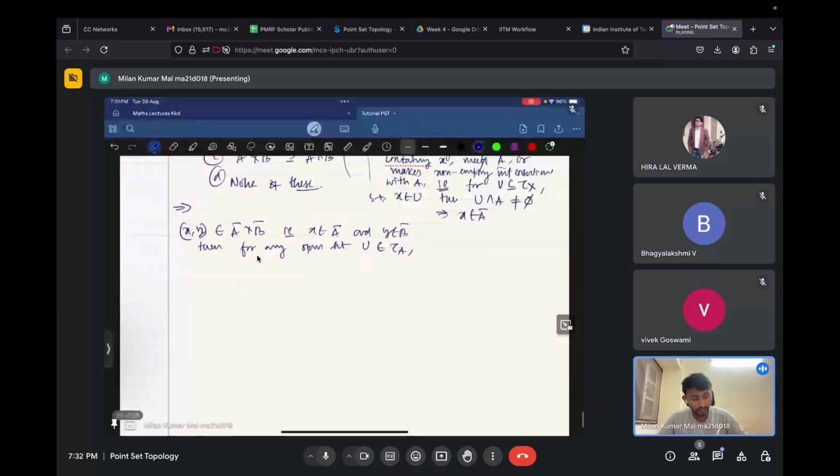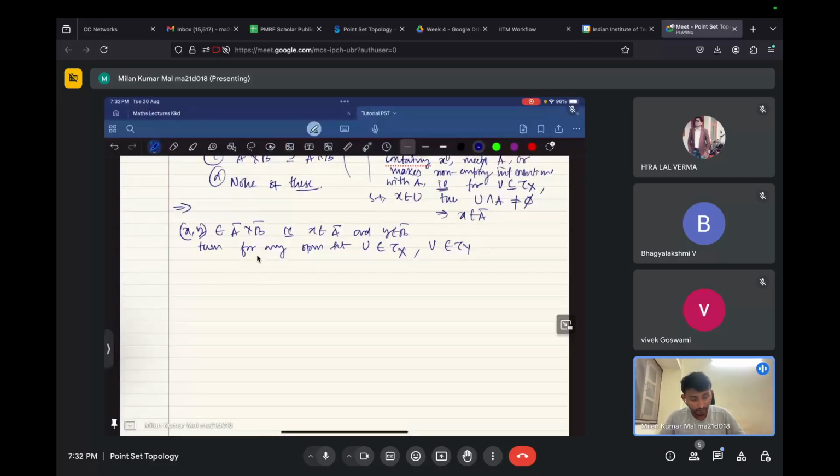Such that x belongs to U, y belongs to V, then U intersection A makes non-empty intersection and V intersection B makes non-empty intersection.